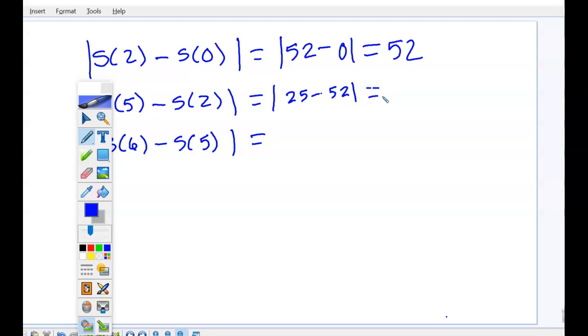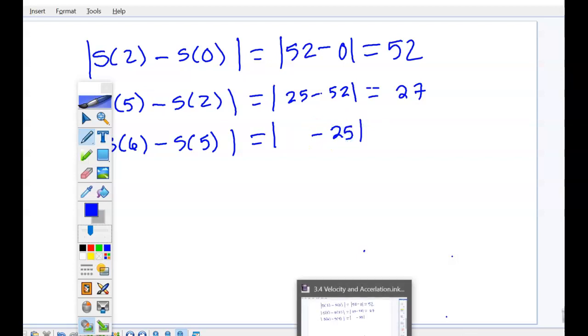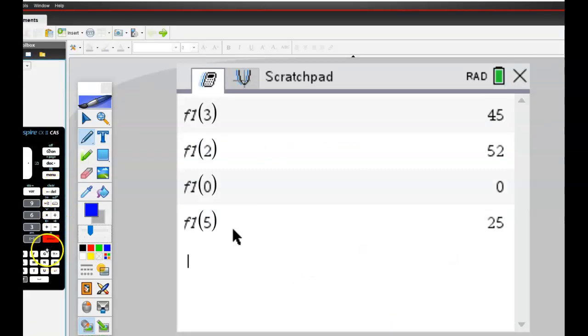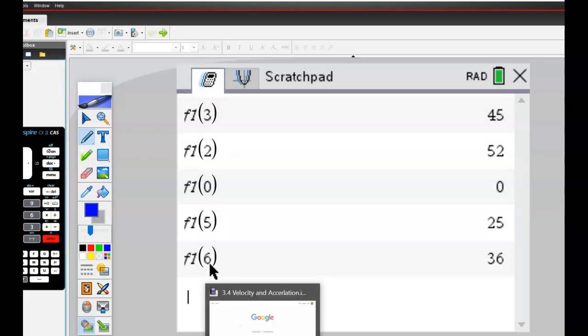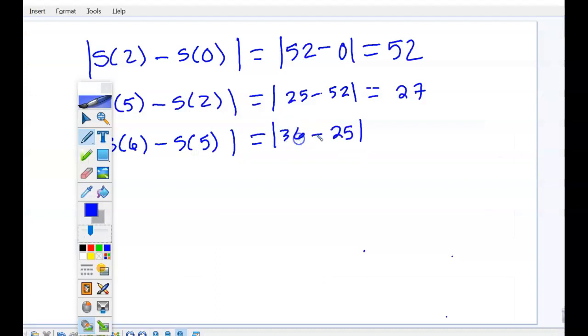And if I take the absolute value, it's going to be positive 27. Finally, I need S of 6 minus S of 5. Well, we know S of 5 was 25. And S of 6 is going to be 36. So this is going to be 36 minus 25, which is going to equal 11.